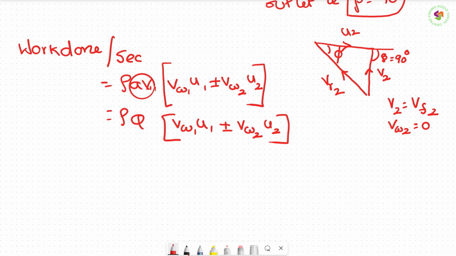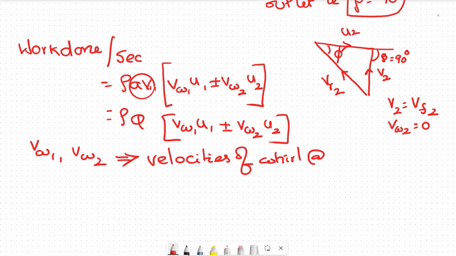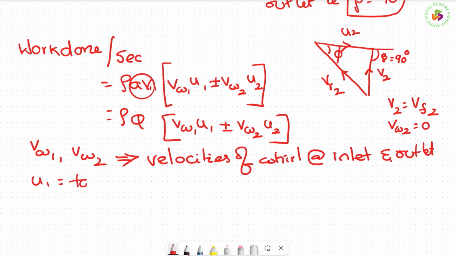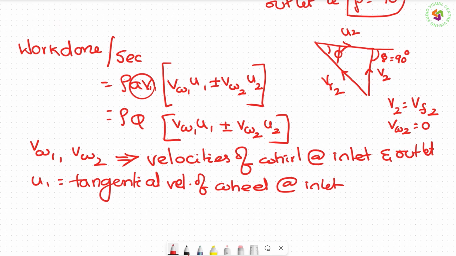So VW1 and VW2 are nothing but the velocities of whirl at inlet and outlet. U1 is the tangential velocity of the wheel at inlet, and U2 is the same at outlet.